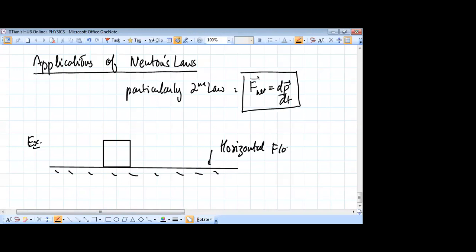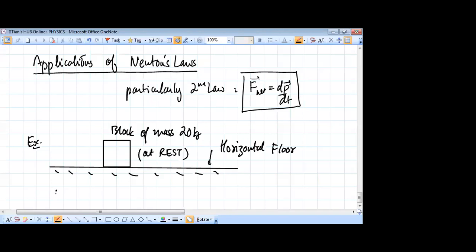So this is a horizontal floor, and this is a block of mass 20 kg. This is lying at rest on the ground.